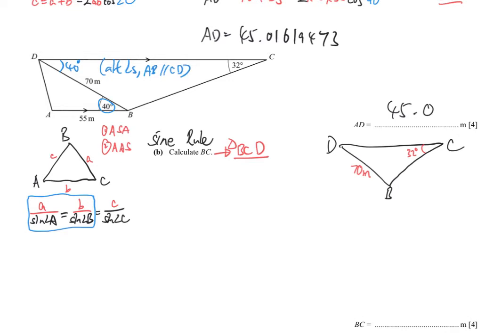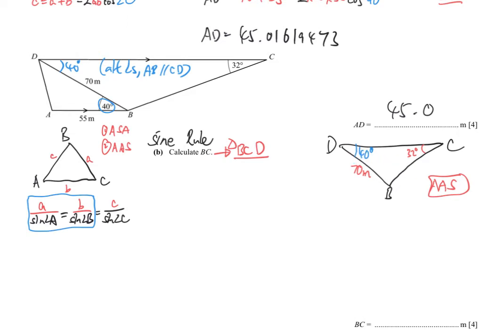Then you have the 40 degrees in triangle BCD, so you have two angles and one side. It's an AAS type triangle, so you can use the sine rule now. BD is opposite to the 32 degrees, and the 40 degrees is opposite to BC.